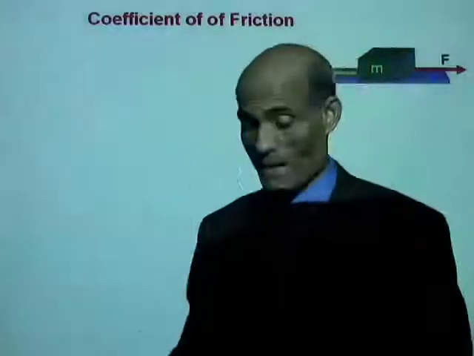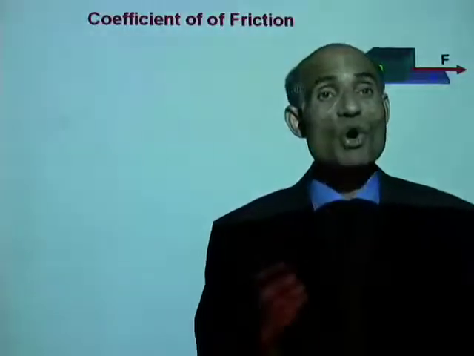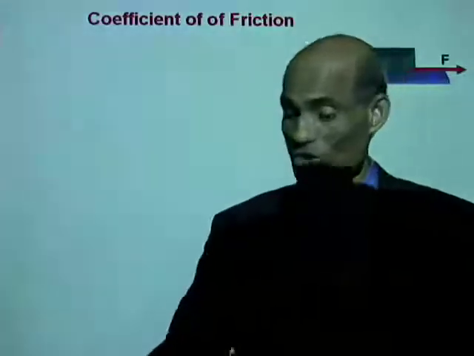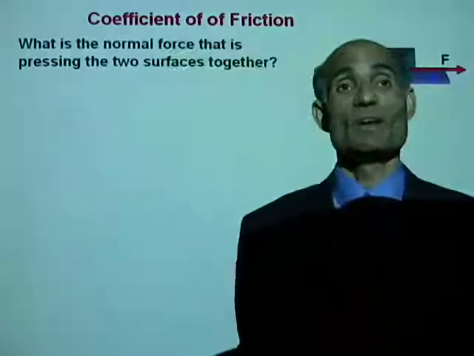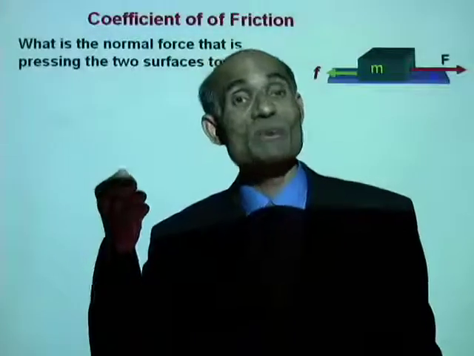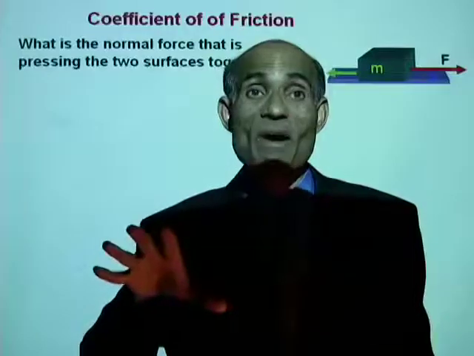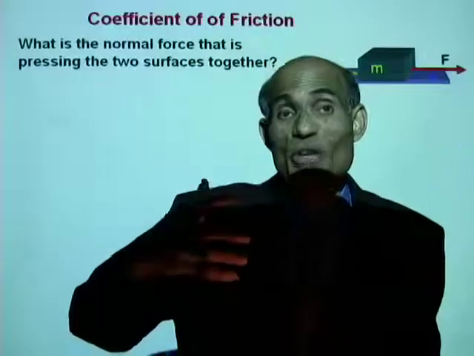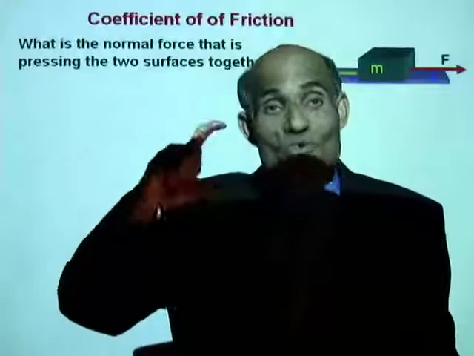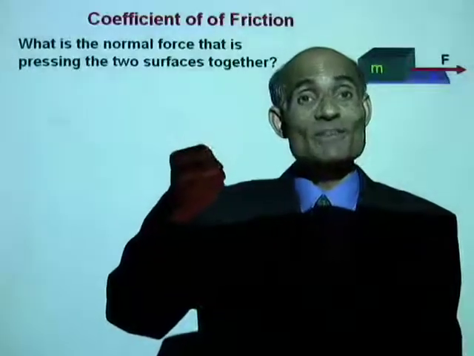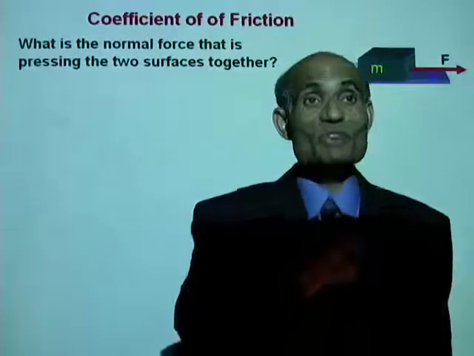Now, let's talk about the concept of the coefficient of limiting friction. This can be explained by the fact that the frictional force is directly proportional to the normal force. You increase the normal force, you increase the friction.